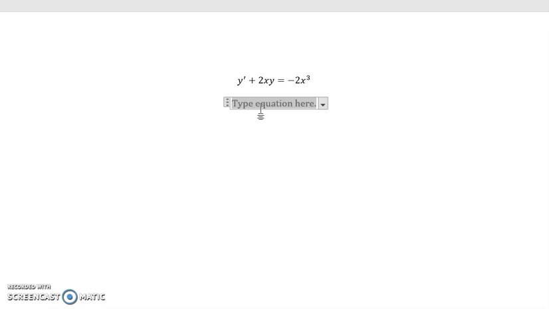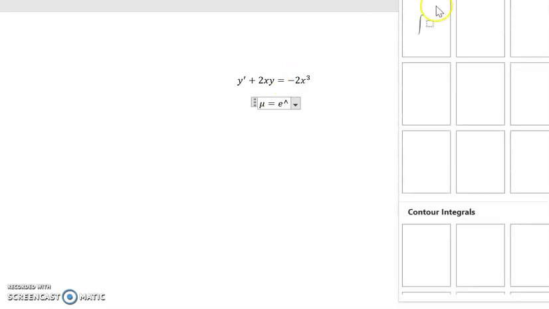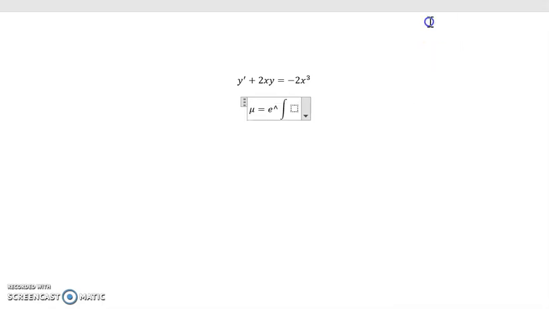And so mu is going to be equal to e raised to the power of whatever this p of x value here is. So in this case, it's 2x dx. And so the p of x goes inside an integral in the exponent of the e. This is going to produce our integrating factor.